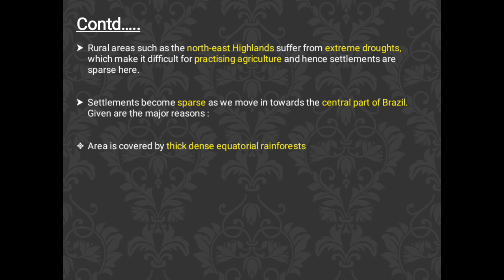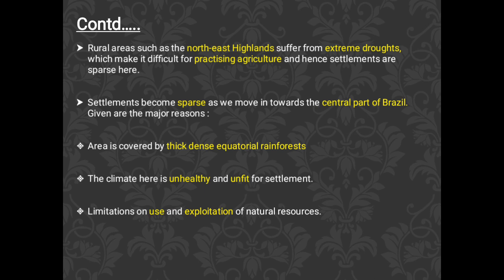Number 1, area is covered by thick, dense equatorial rainforest. 2, the climate here is unhealthy and unfit for settlement. 3, limitations on use and exploitation of natural resources. And 4, poor transport links in the region.